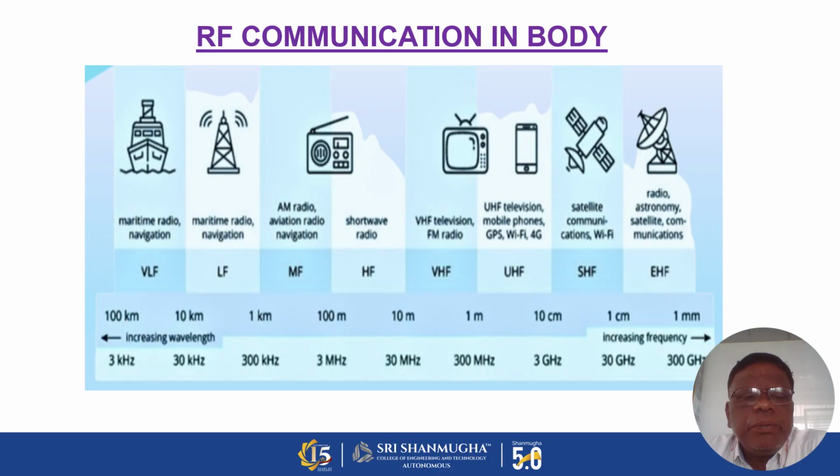The different types of RF communication in body signals, their ranges, distance and speed are shown in that figure. In these cases, VLF is very low frequency, LF indicates low frequency, MF indicates medium frequency, HF indicates high frequency, then very high frequency and ultra high frequency.